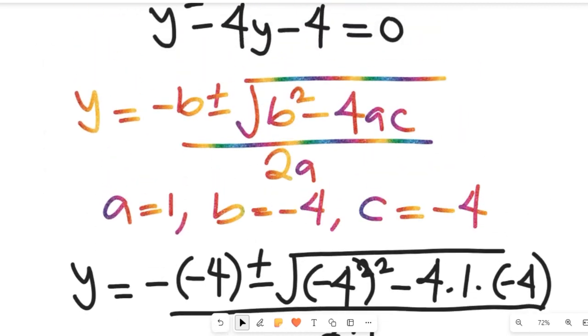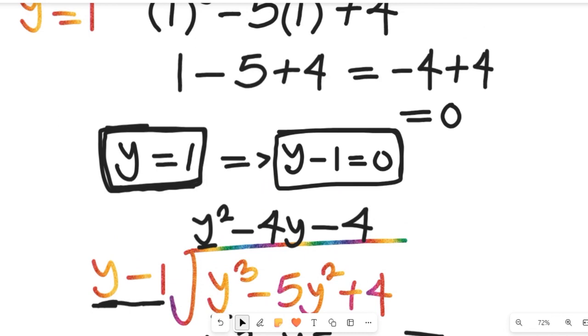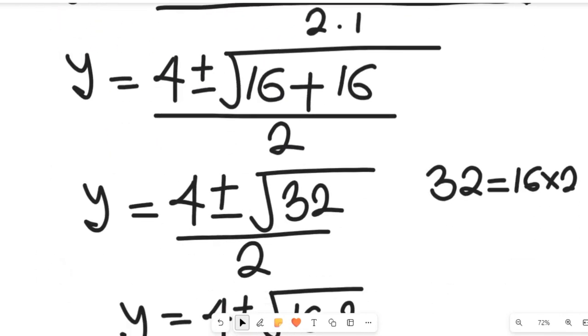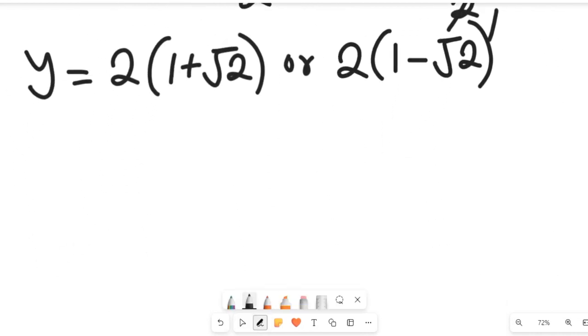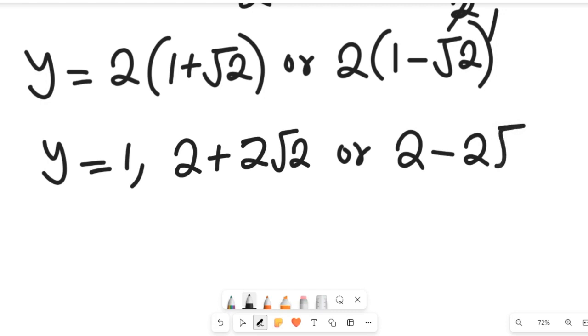Now remember or recall that the first solution to that polynomial equation is y equal to 1. So if these two solutions give us these roots, then the final solution is going to be y equal to 1, or y equal to 2 plus 2 root 2, or it will be equal to 2 minus 2 root what?